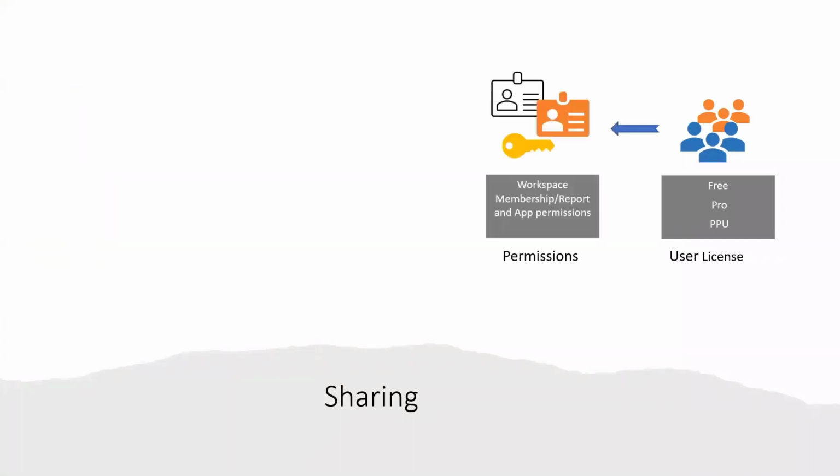So the first thing is the kind of Power BI license they have. And we're going to talk about the options. So the license is important, whether they're a free user, a pro user, or premium per user. Okay. Then it's the workspace membership. Have they been given access to the workspace? Have they been given permission to a report or an app? So you must give people permission.